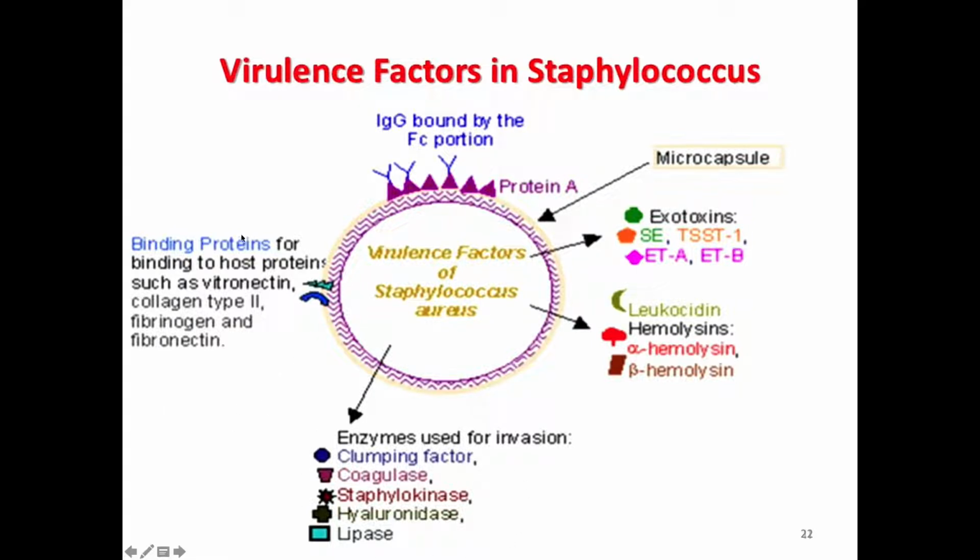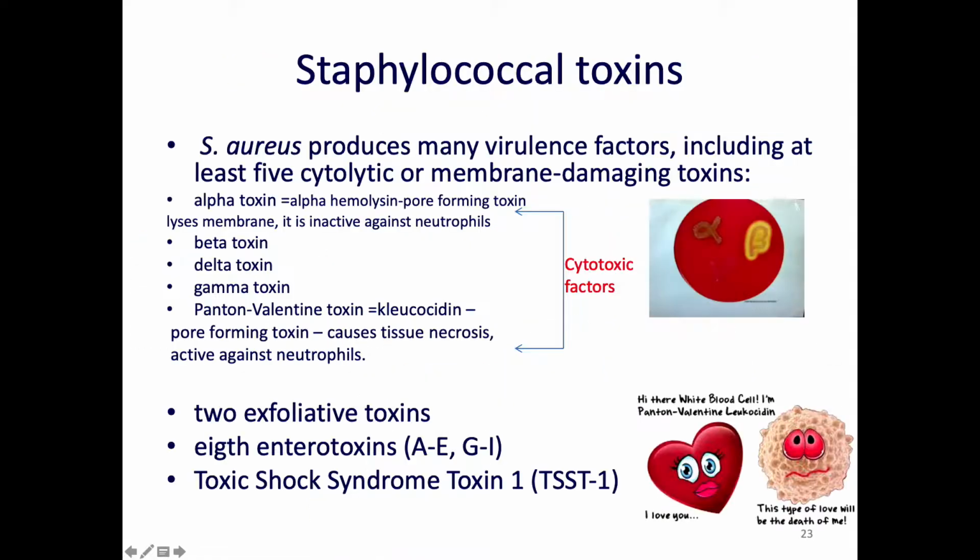Here there are binding proteins to the surface of the eukaryotic cell, immunoglobulin bound by the Fc portion. This is protein A here. And different exotoxins. About exotoxins we will start talking now.